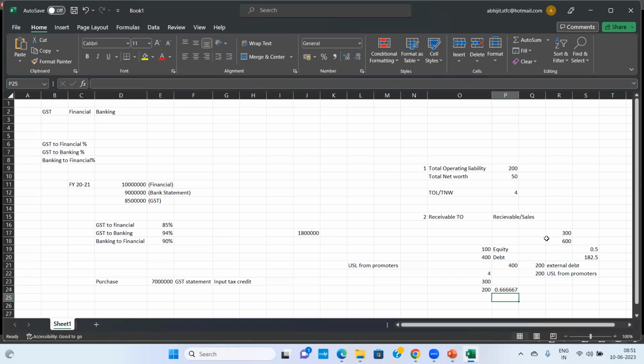There are a lot of frauds and scams which are coming out like this, lending money to group company, diverting money from one company to another company.